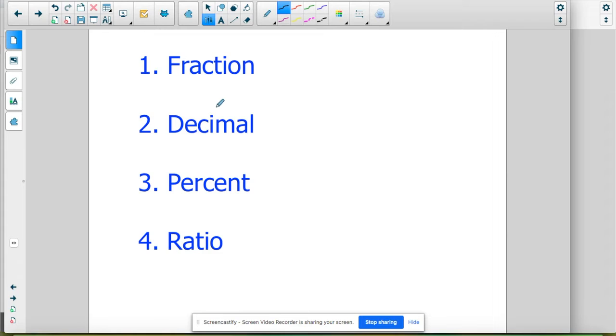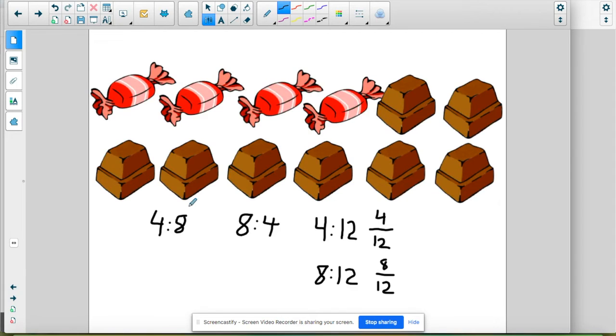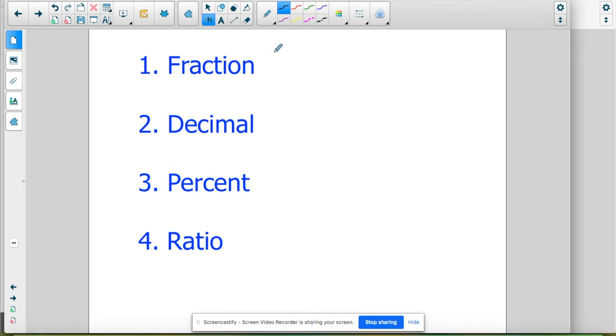And now, if you're going to write it as a fraction, a decimal, a percent, and a ratio, let's go back to the sample that we just looked at. There are 4 hard candies and 8 chocolates, but if we look at it as sweets, there are 4 out of 12 hard candies.